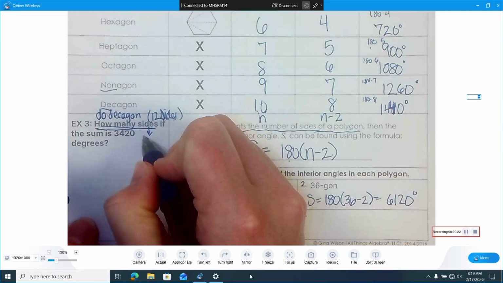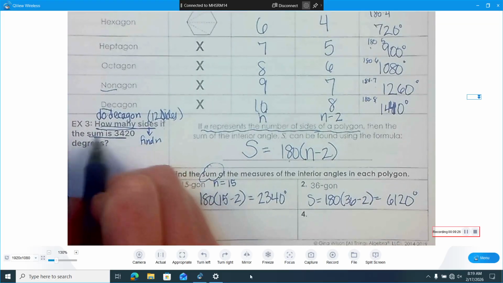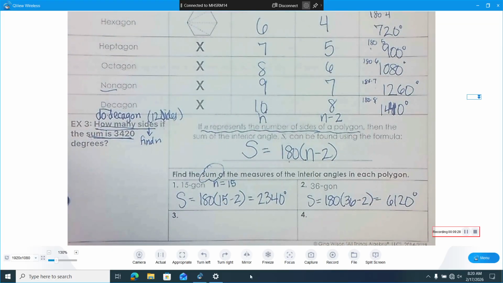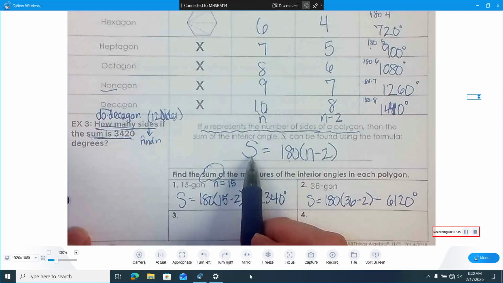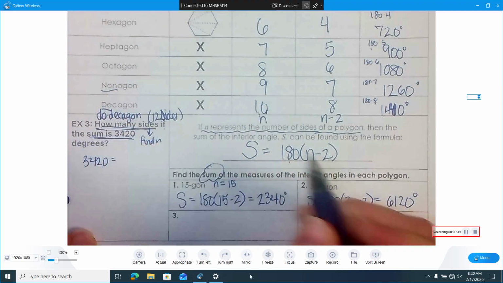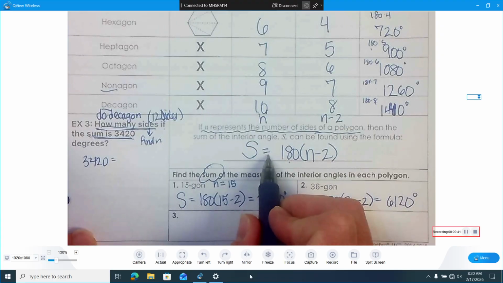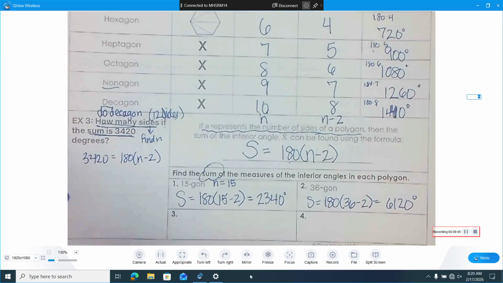It says find n if the sum is 3420. So where do I put the 3420? Yeah, the sum is 3420. So we're going to use this 3420 in place of the s in S equals 180 times n minus 2.